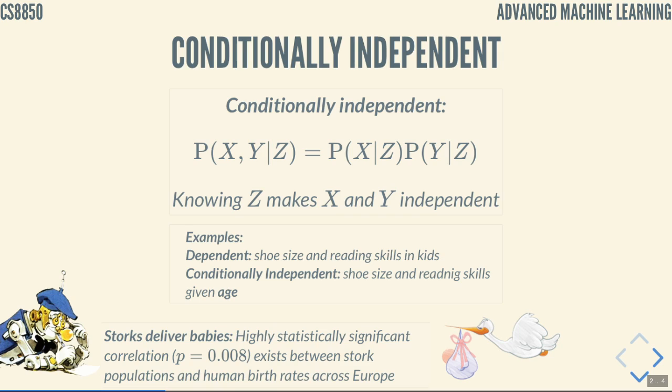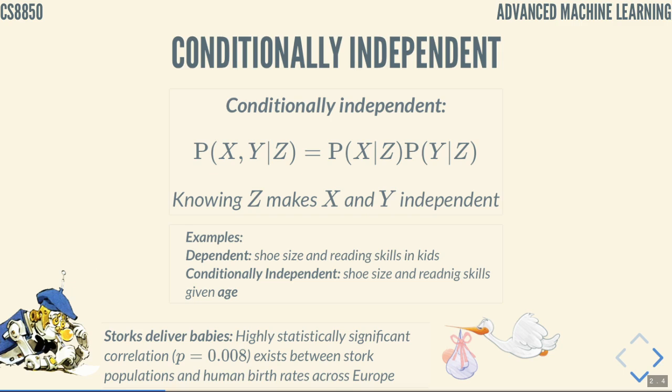Correlation exists between stork population and human birth rates across Europe. What else do you need as proof that storks deliver babies? That's total truth, absolutely correct. That's what the data tells us. More storks, more babies. No one can argue with this.